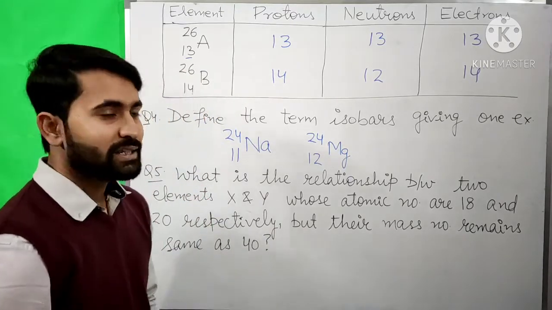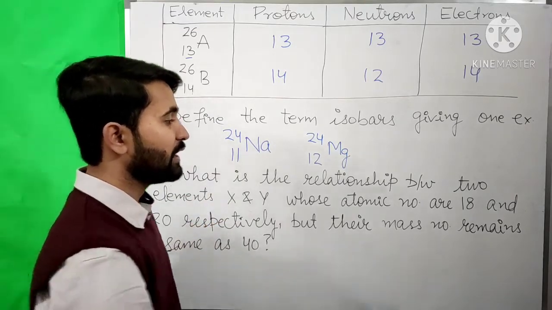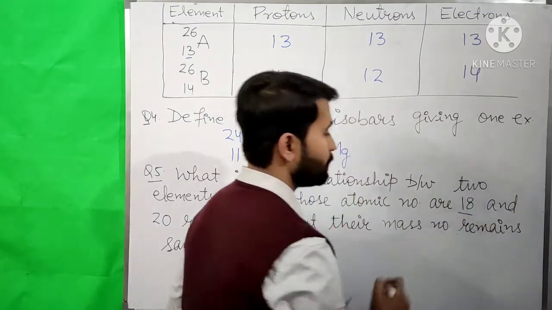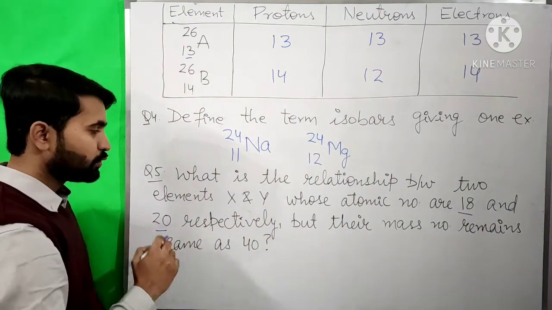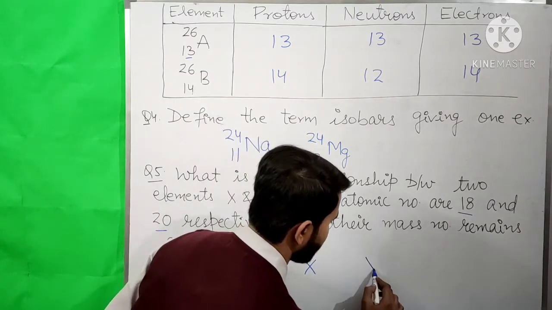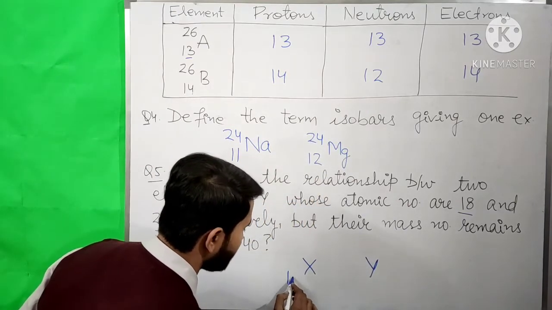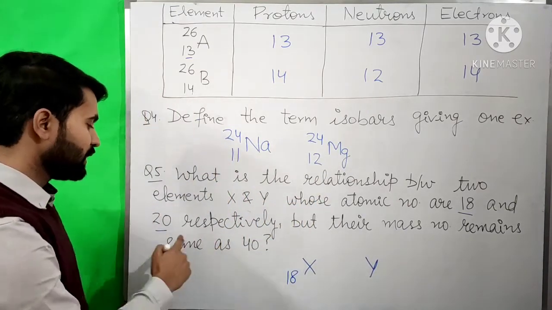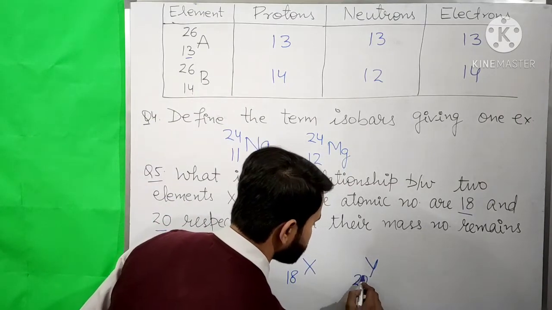So we can see here these are the two elements which are having different atomic number. The atomic number of first is 18 and second is 20. So we can write here X, Y. Atomic number of X is 18, whereas atomic number of Y is equal to 20.